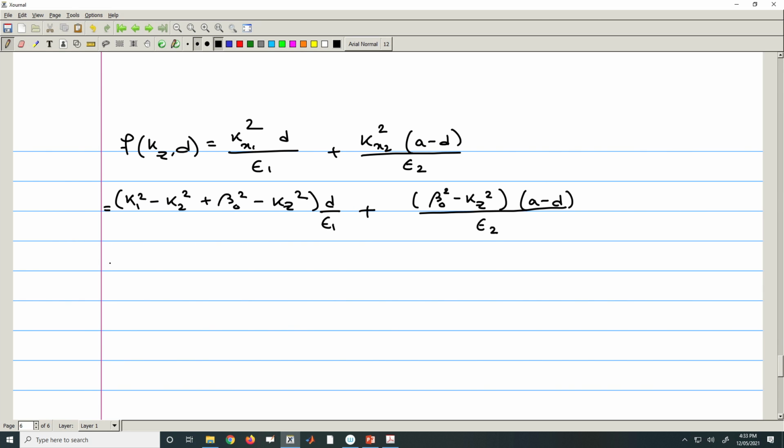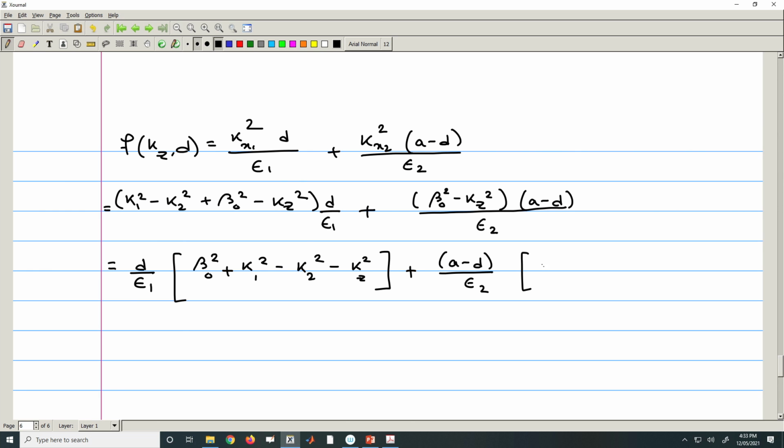So, now simplifying this, we can write d upon epsilon 1 times beta naught square plus k 1 square minus k 2 square minus k z square, plus a minus d upon epsilon 2 times beta naught square minus k z square. Let us denote this equation as equation number 9.